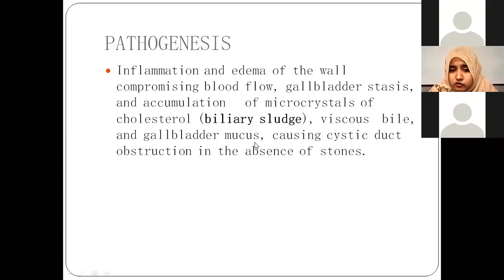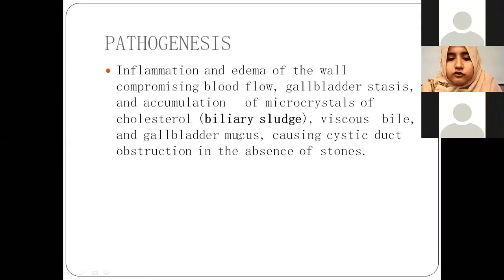When there were stones, the stone was sufficient to obstruct the cystic duct. Now they form a biliary sludge. That sludge will obstruct the cystic duct and there will be impaired outflow of bile. So that will lead to edema and inflammation of the gallbladder, and it's an acute state.